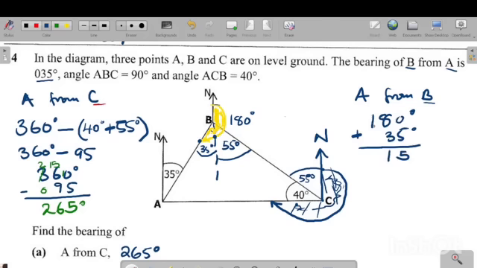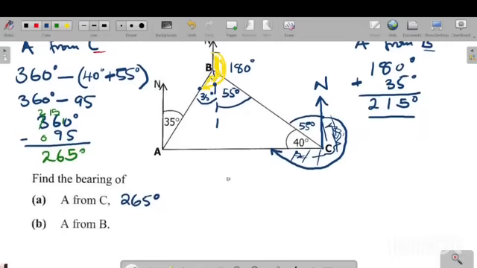Then 1 plus 1 is 2. So this is the bearing of A from B, which is 215 degrees.